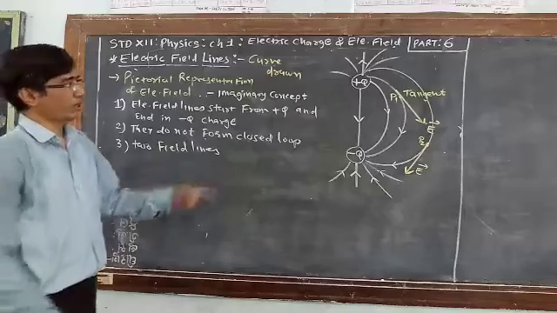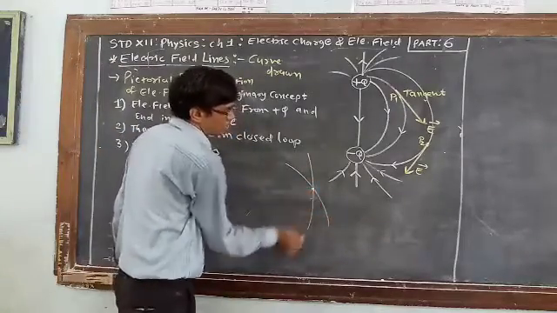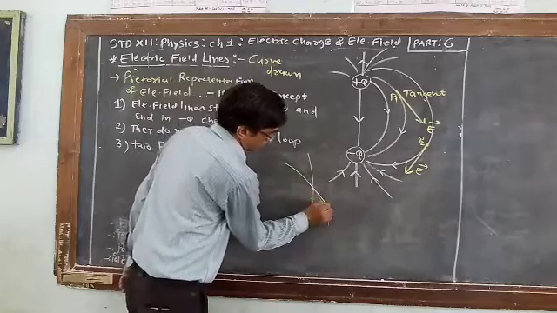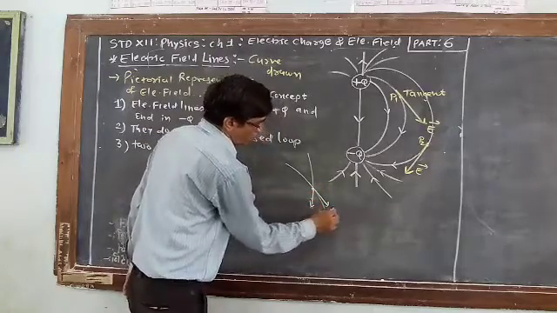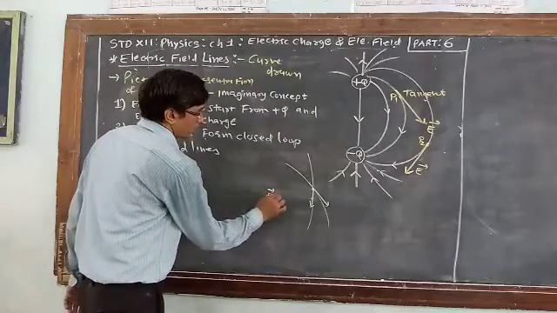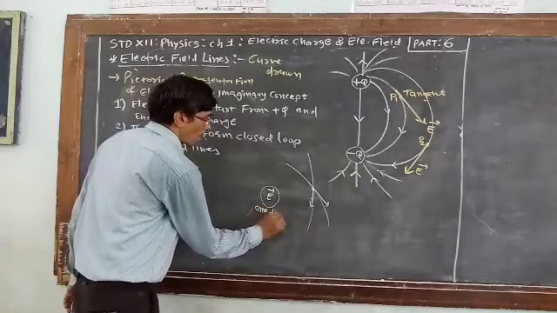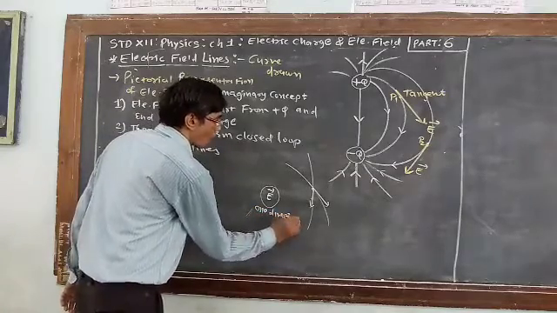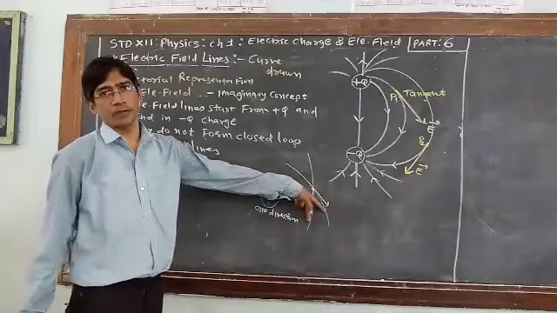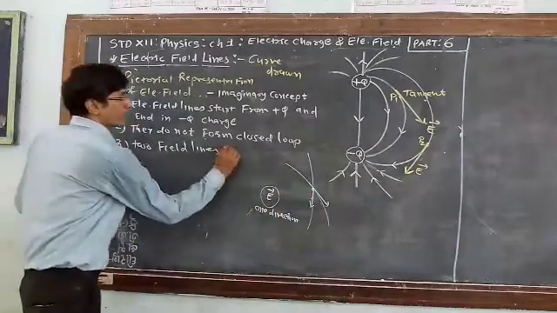If they intersect each other, then the point of intersection has only one direction. So two directions are never possible. So two field lines never intersect each other.